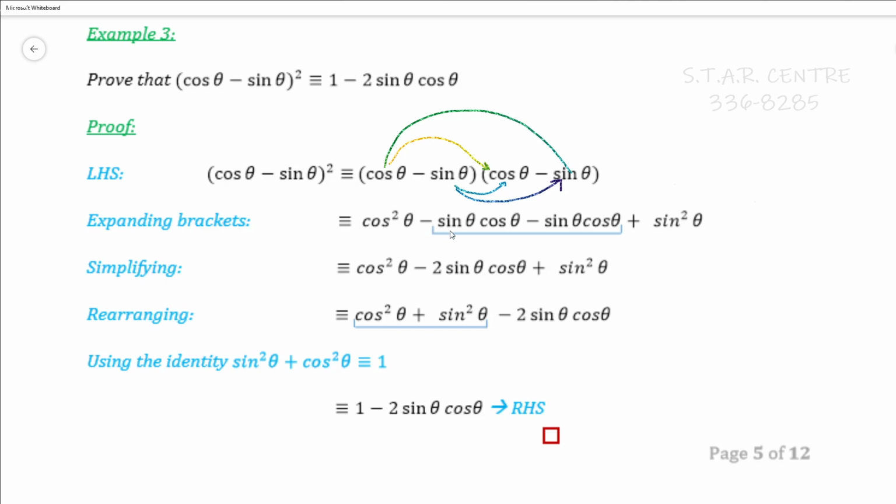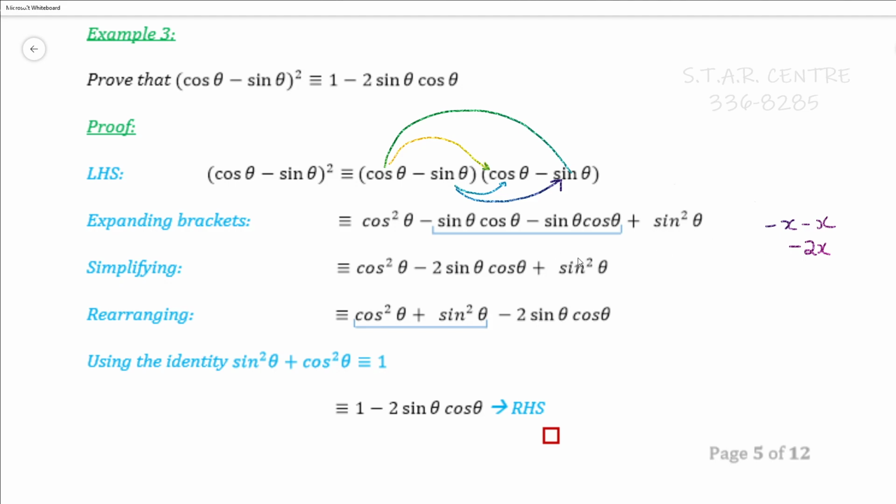So I have minus sine theta cos theta minus sine theta cos theta. This is similar to if I have an expression such as minus x, then that will give us minus 2x. Similarly, minus sine theta cos theta twice is minus 2 sine theta cos theta. This cos squared remains, sine squared remains.